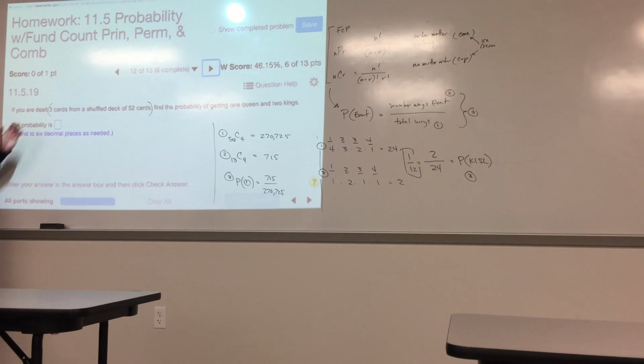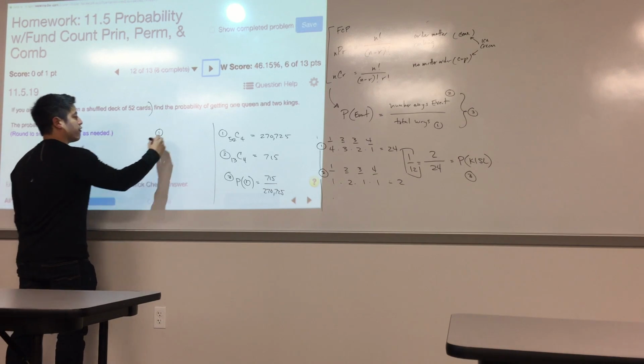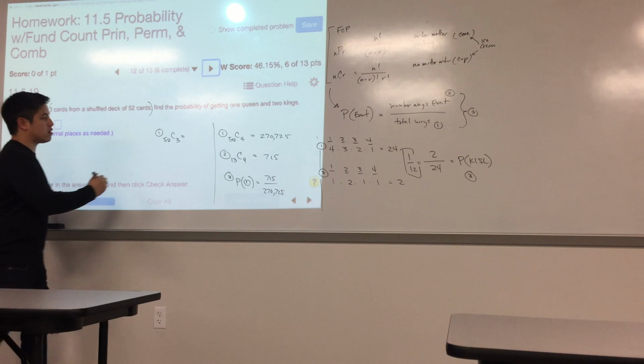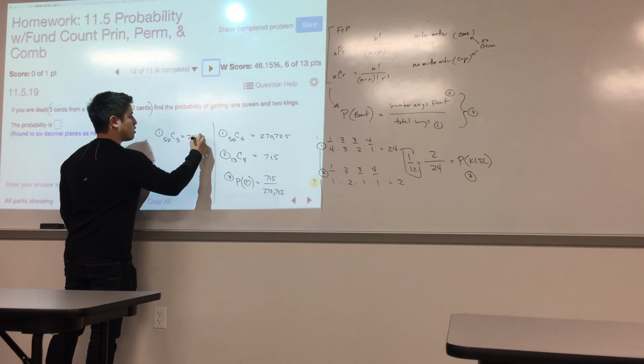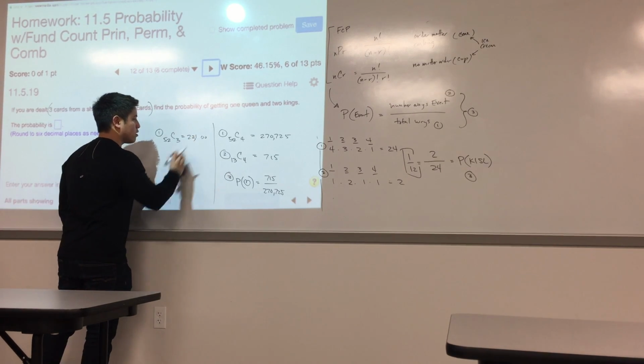If you are dealt 3 cards from a shuffled deck of 52 cards, stop right there. What's our setup, everybody? 52C3. Answer? 22,100. Yes, that's right, because it's groups of 3.